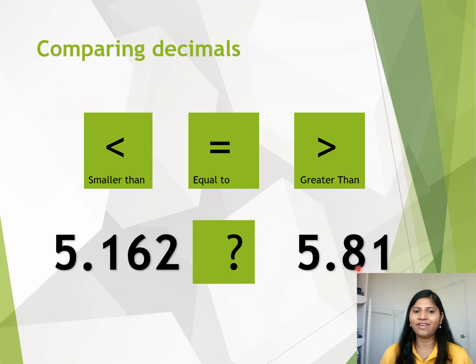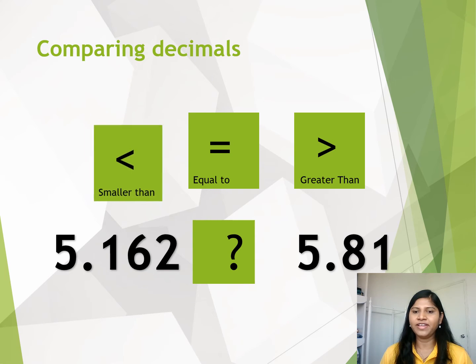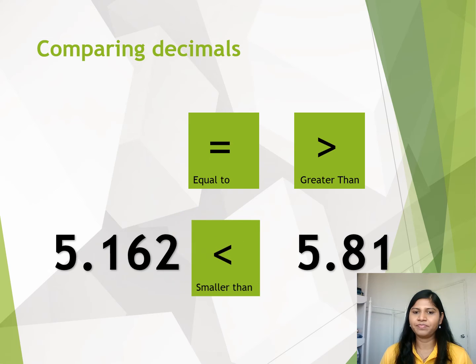So here we get our answer, 5.162 is smaller than 5.81. So it is really easy. Start comparing from the whole numbers. If the whole numbers are equal, move to the decimal digits and start comparing decimal digits from the tenths place.